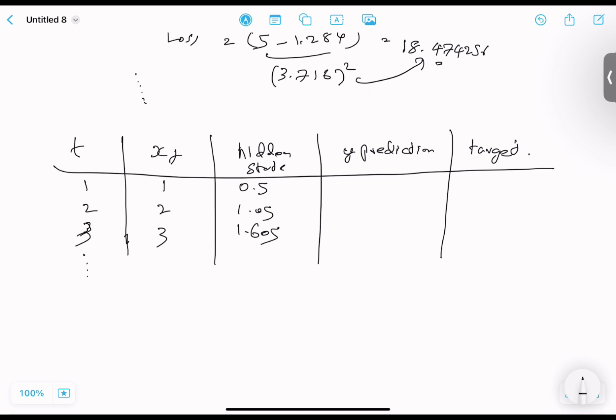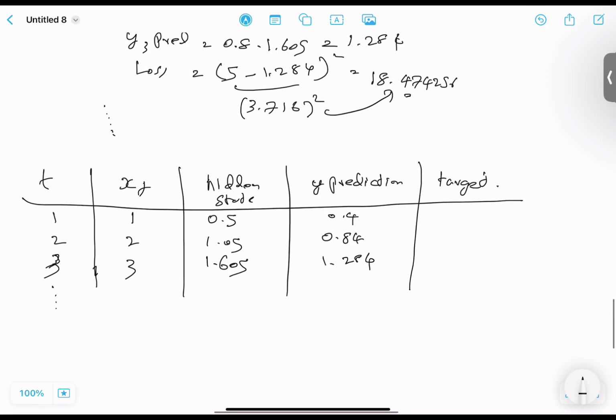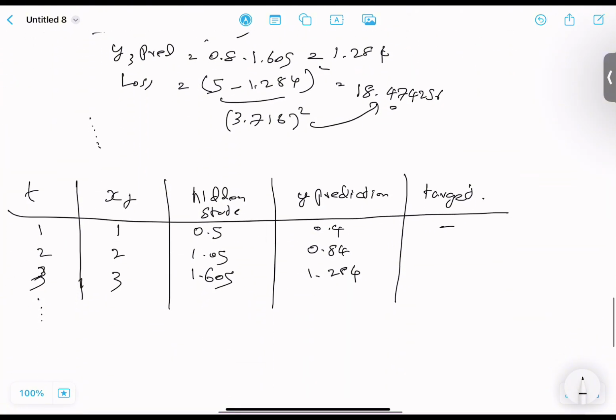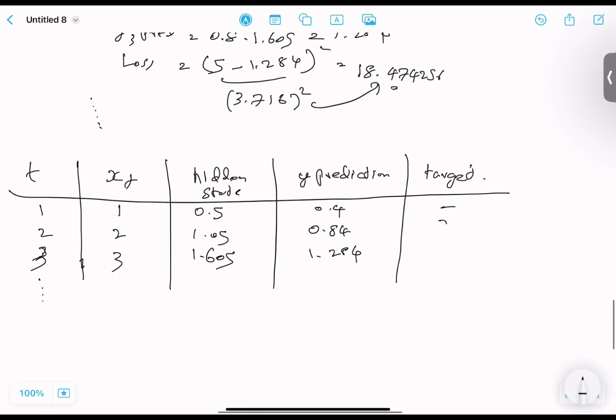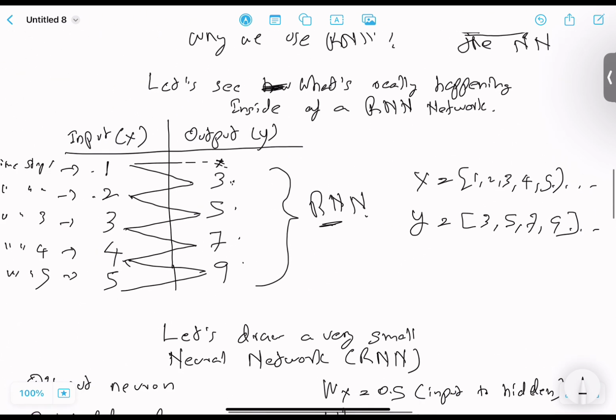And the predictions were 0.4, 0.84, 1.284. For the first one, we didn't have a target because there's no output. For the second one, there's a target, which means the output, so this value. And the third one, 5.